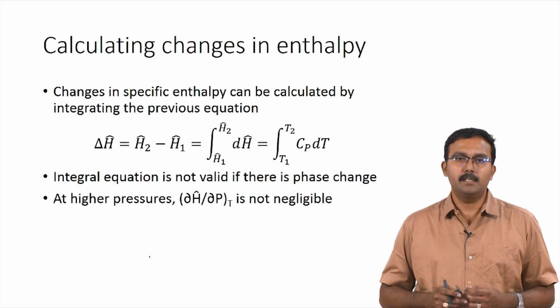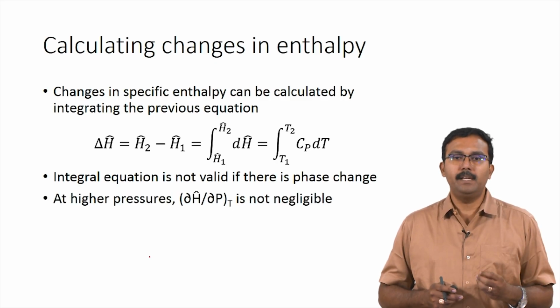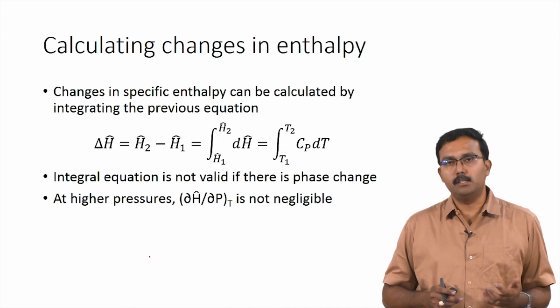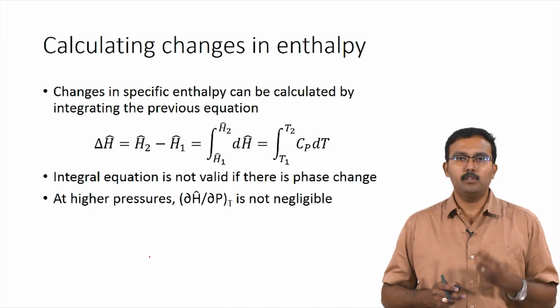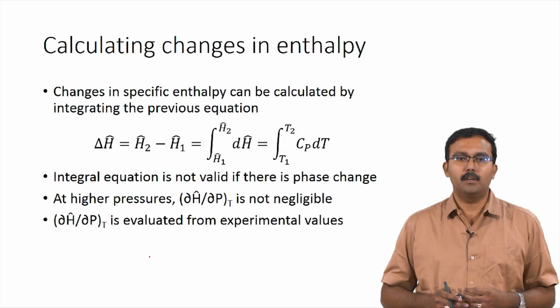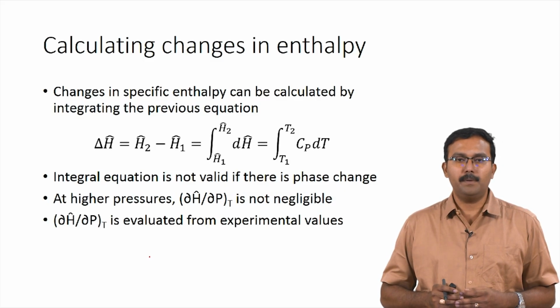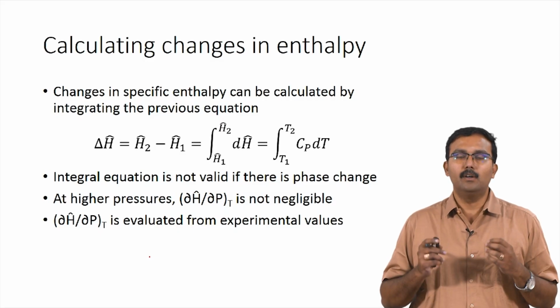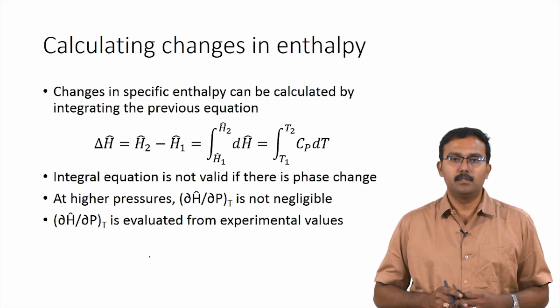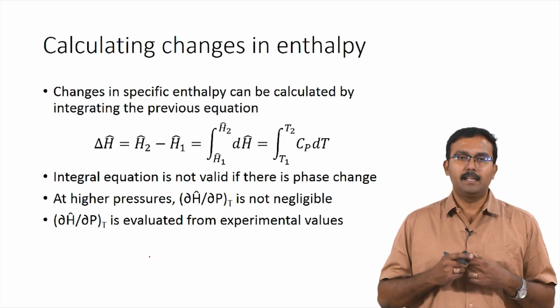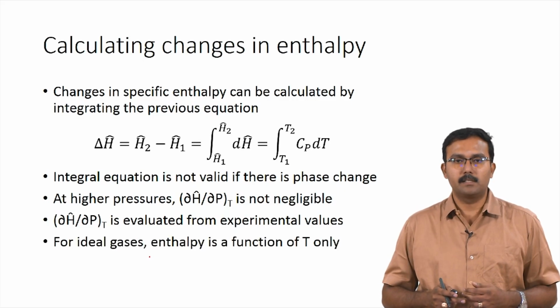At high pressures, the dou H cap dou P term which we looked at is not negligible. So, this would also be a factor that needs to be accounted for. This value of dou H cap dou P at constant temperature is actually evaluated from experimental values, so it cannot actually be calculated using some equations.